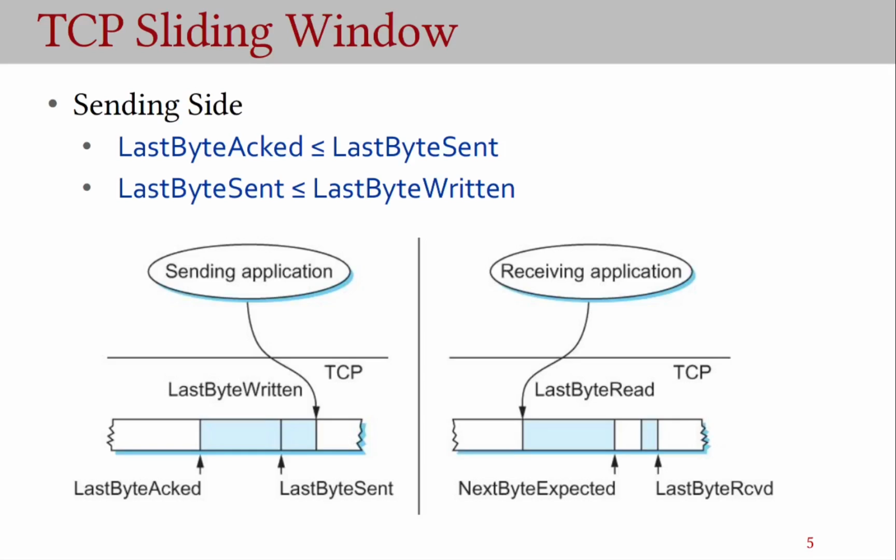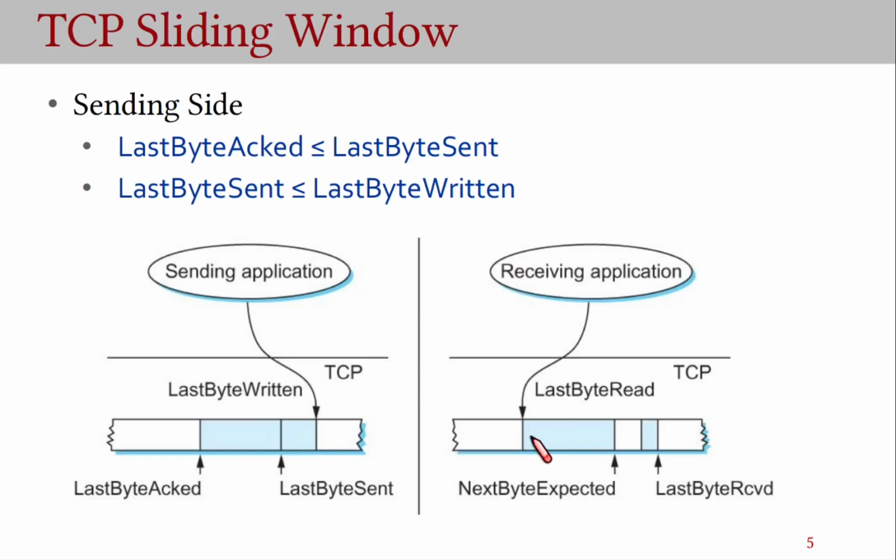This diagram shows the behavior of TCP on the sending side as well as the receiving side. On both sides, TCP maintains a buffer. On the sending side, this buffer contains the data that is sent but not yet acknowledged, and also the data that the application has written but that has not been sent yet.